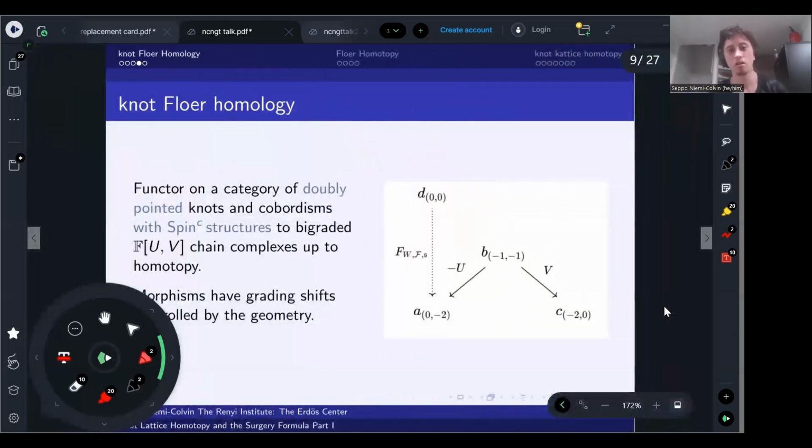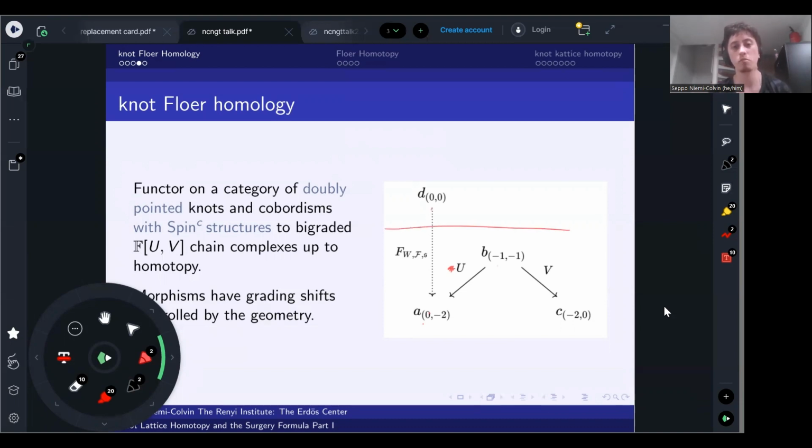For example, this thing looks similar to what we had before, but this time one of the coefficients for B has a U, this particular A in the differential, and C in the differential has a V instead, which matches with the gradings I mentioned earlier. Moreover, in this example, this map does have a grading shift involved, which signifies that it has to have some more geometry behind it, and for example, cannot come from a concordance.